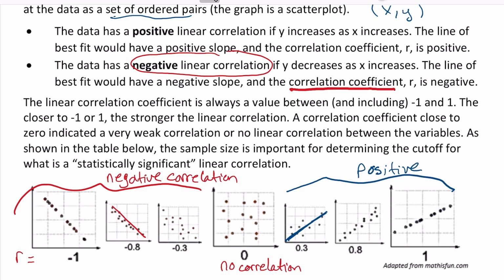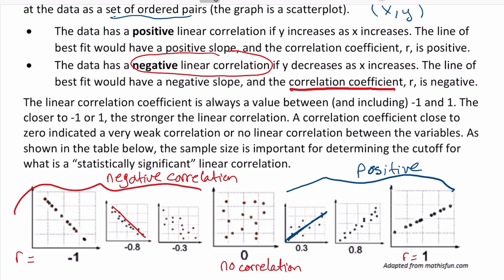So an R value of positive 1 would be a perfectly straight line with a positive slope, which won't happen in real world data. But the closer I get to 1, the stronger the relationship is between the variables.